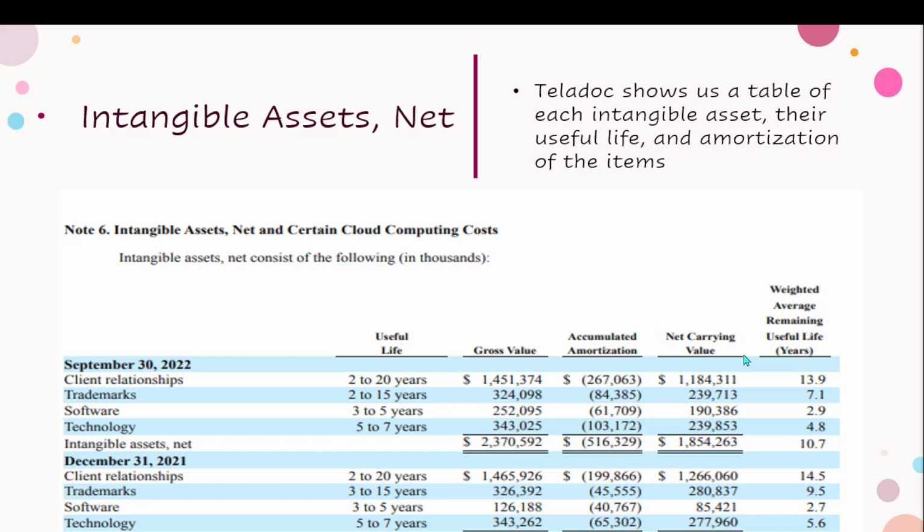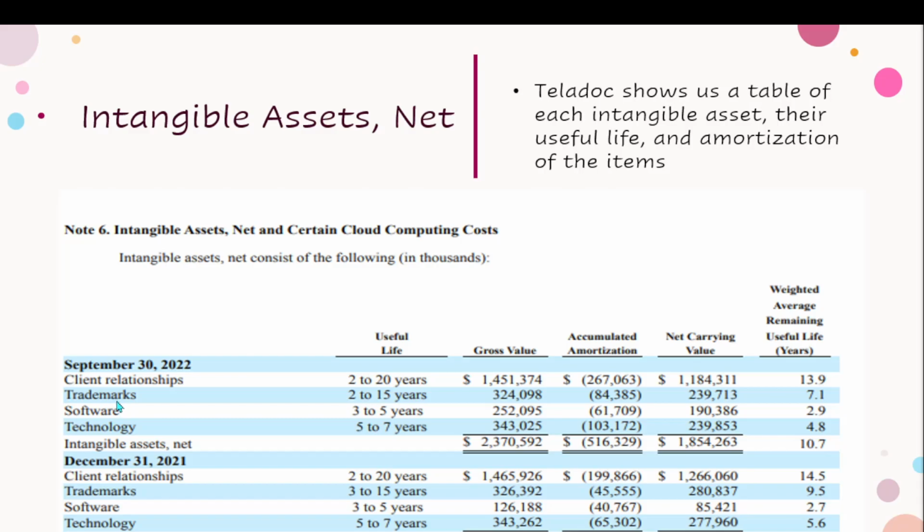So this net carrying value is the amount that shows up on the balance sheet, is 1.1 billion. Now they're doing a weighted average of their remaining useful life of this intangible asset. And they're saying the useful life of this intangible asset is 13.9 years. How they determine that, I don't really know. But let's just go on to the next one.